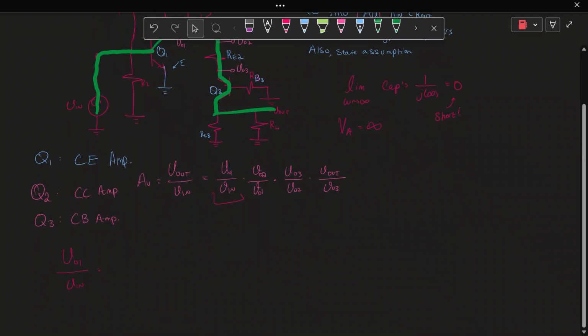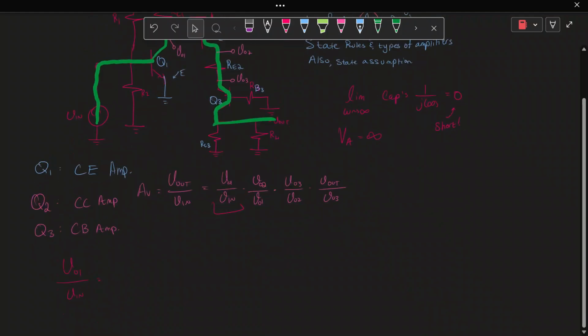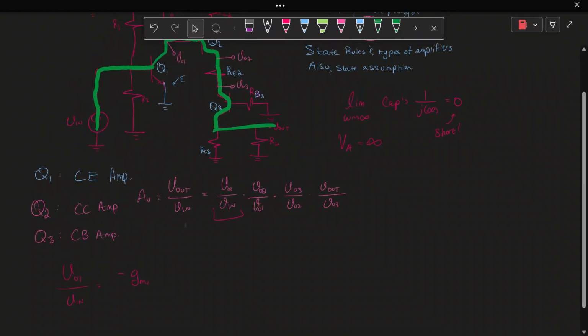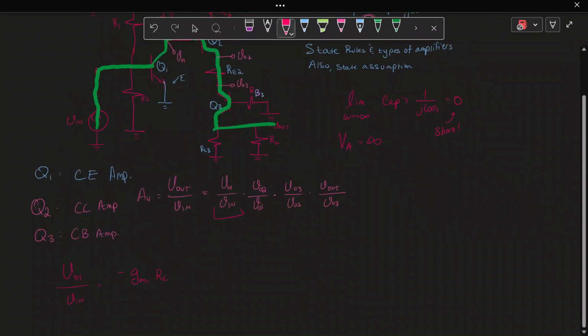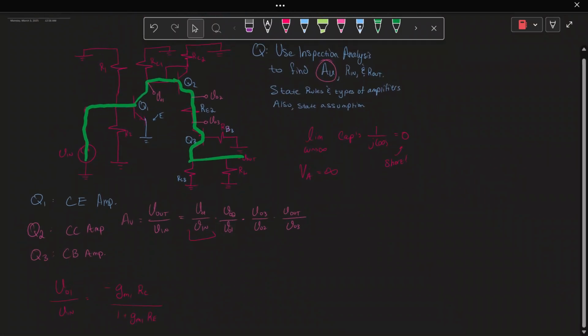Now VO1 over Vn, looking at the CE amplifier gain, is going to be negative GM1. Remember, you have to label which GM it is. We have 3 different transistors, so that's 3 different GMs. GM1 times RC, the collector resistance, divided by 1 plus GM1 times RE. So RC, what is that going to be?